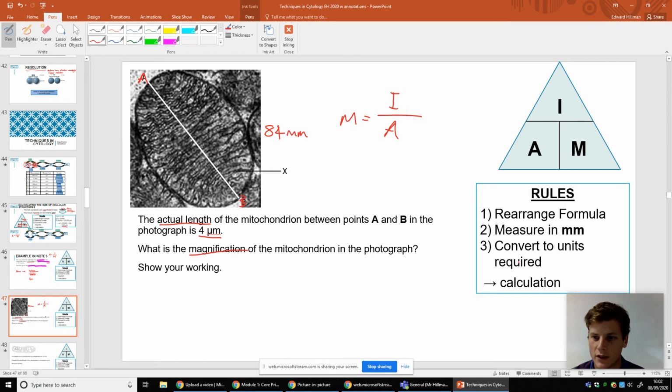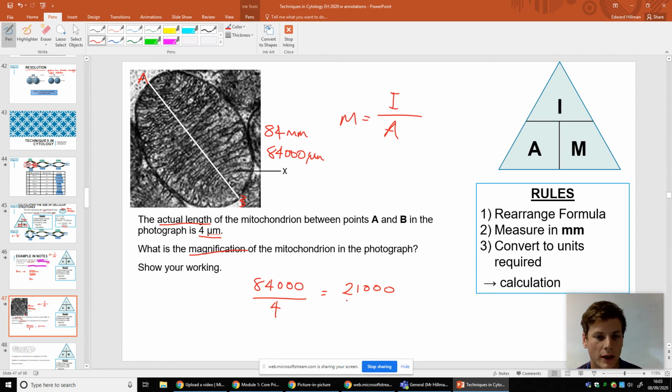But we need to convert to the units required. We want to know in micrometers. So 84 millimeters becomes 84,000 micrometers. So that's our image size, 84,000 divided by the actual size, 4, gives us a magnification of 21,000.